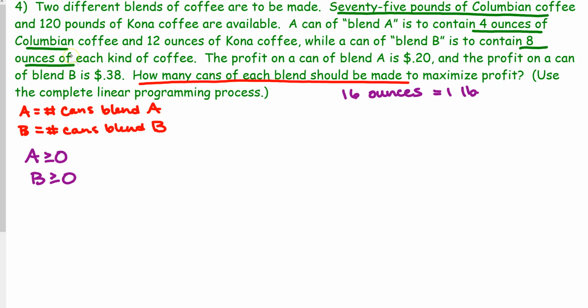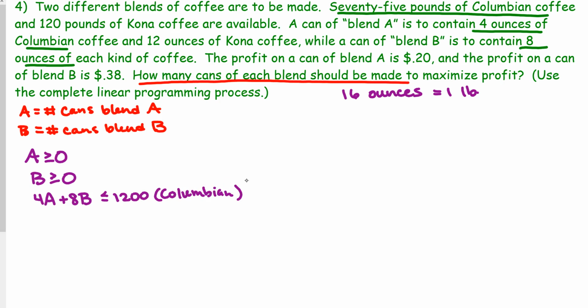So you have to get all that information about Colombian coffee from 3 different places. So 4 ounces for every can of A plus 8 ounces for every can of B has to be less than or equal to 75 pounds. And if you take 75 and you multiply it by 16 ounces per pound, you get 1,200. And that is everything that has to do with Colombian coffee.